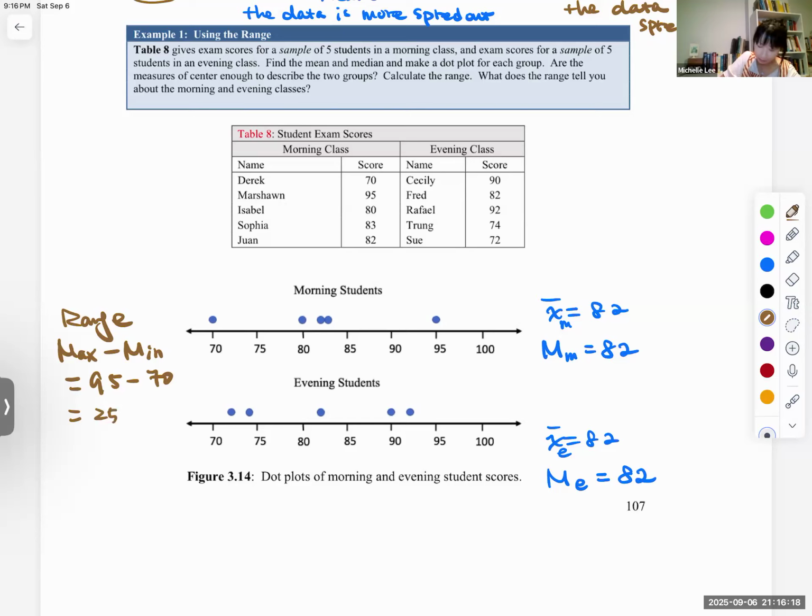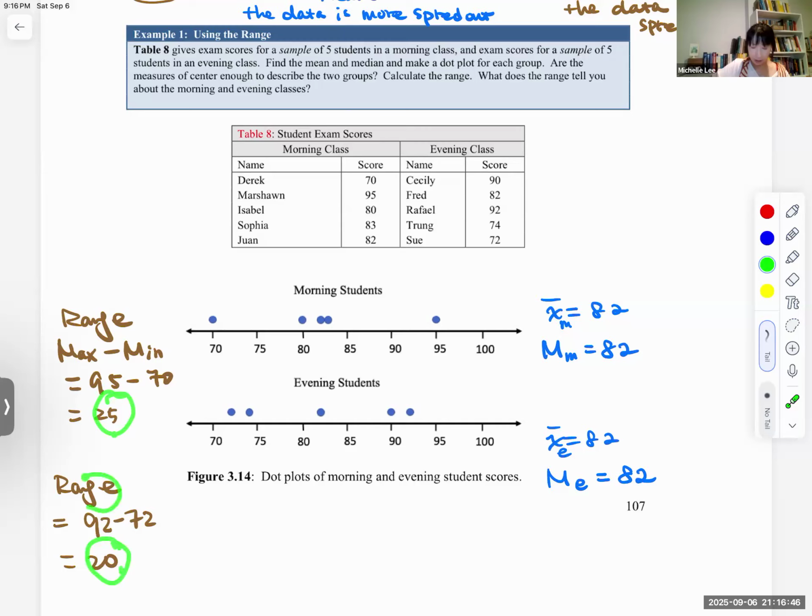How about the evening? Range equals evening 92 minus 72, which is 20. Okay, what is it telling us? We have 25 as the range and 20 as the range for evening.